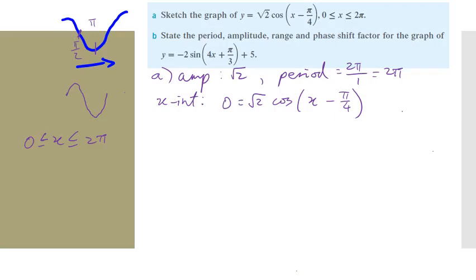So it says it's shifted by minus pi over 4, so we'll just minus pi over 4 here for each one. And 2 pi minus pi over 4 is? Yep. Alright.